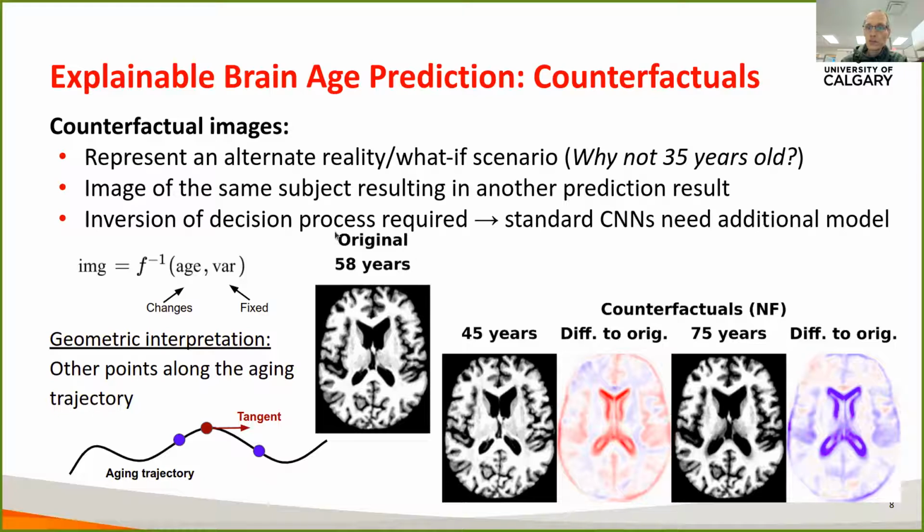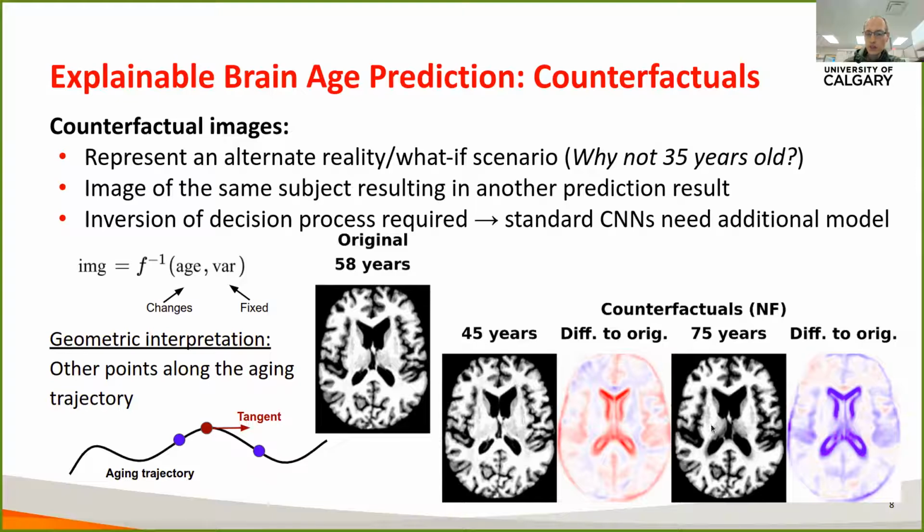So the original image here is 58 years, and it was perfectly classified or predicted by our brain age predictor here, and then we can ask, okay, why didn't you say this image is 45 years or 75 years, so younger or older, and can generate those images.